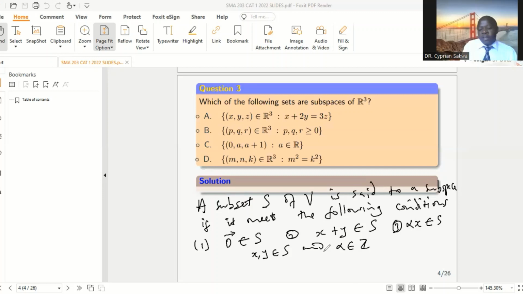Now, these three are the conditions that must be fulfilled by S for S to be a vector subspace.